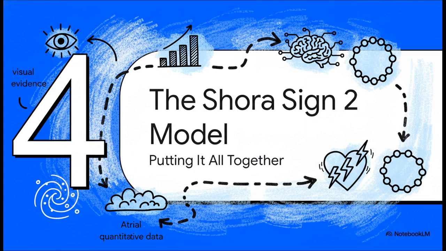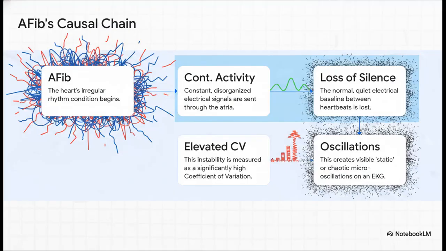All right, so now let's see how all these different clues, the visual EKG, the hard data, how they all fit together. This is where the SURE-SINUS 2 model comes in, because it connects all the dots into one logical, really clear chain of events. This is just brilliant, because it illustrates the whole process perfectly. It starts with atrial fibrillation itself.